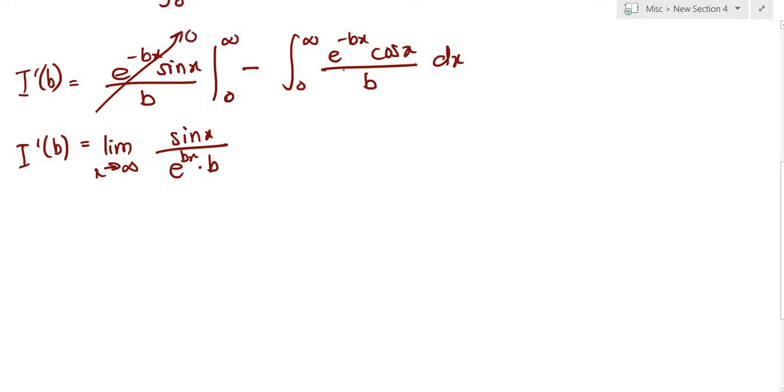And now we need to use integration by parts on this thing again. So now we have the integral of this thing, which is negative e raised to negative bx over b. The negatives will cancel out, so we have e raised to negative bx times the cosine of x over b squared evaluated from 0 to infinity.